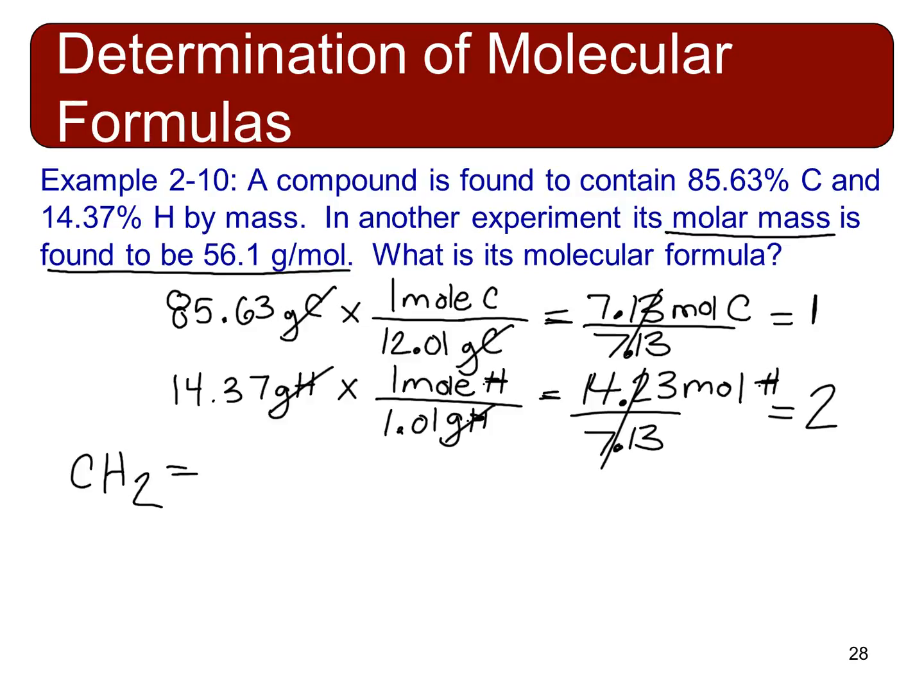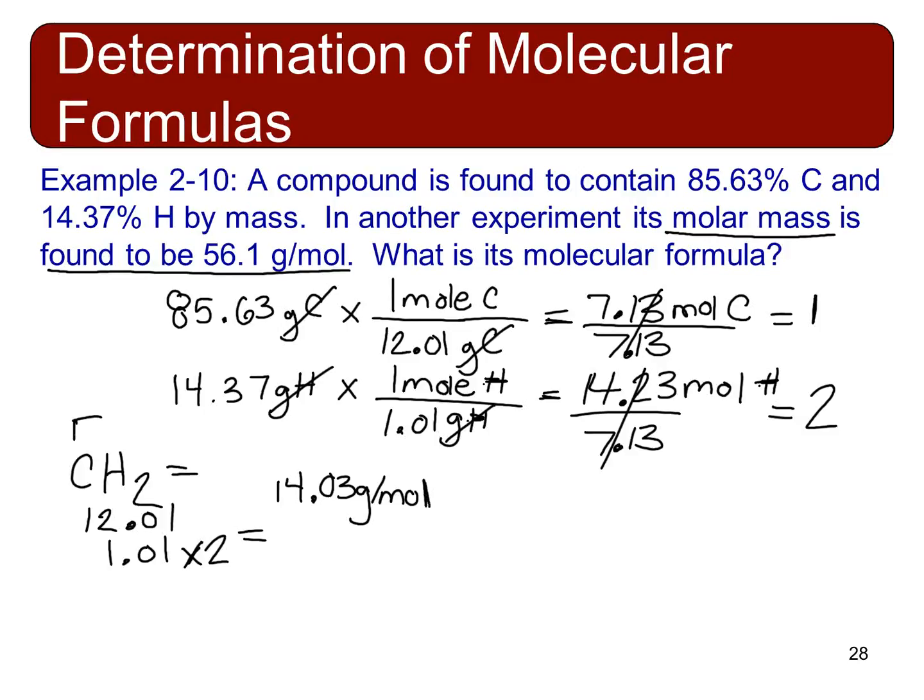You just add up the number of atoms, multiplied by the atomic weight on the periodic table. Carbon has an atomic weight of 12.01, hydrogen 1.01, and we have two hydrogens, so we get about 14.03 grams per mole.